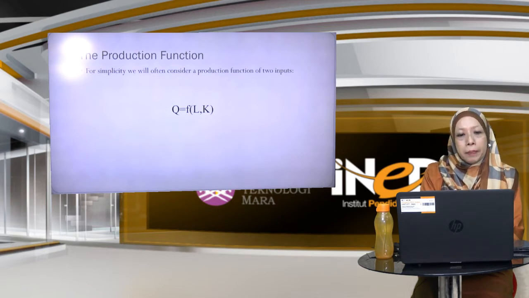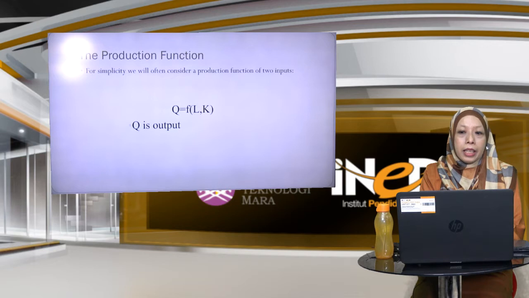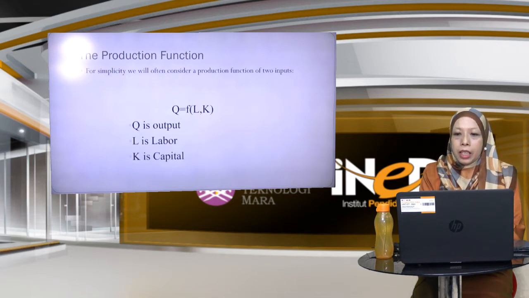So in this course, when we talk about the production function, we're going to write it in terms of L and K. Q here represents output, L is labor, and K represents capital.